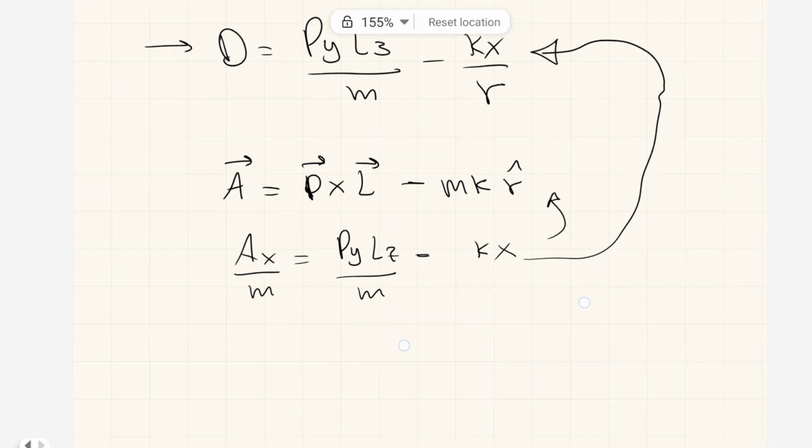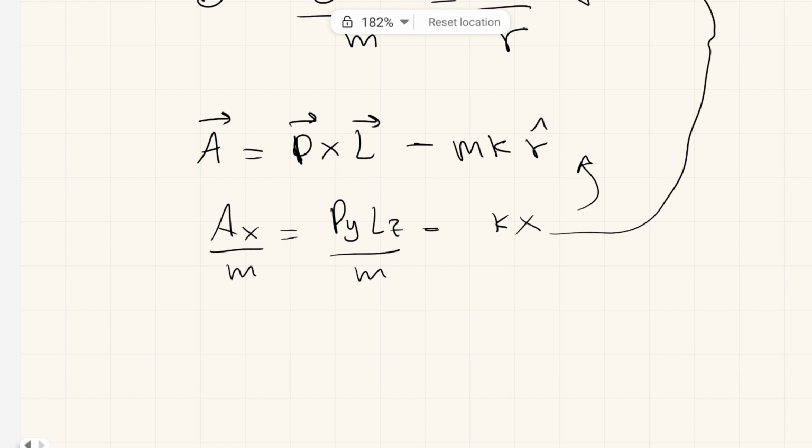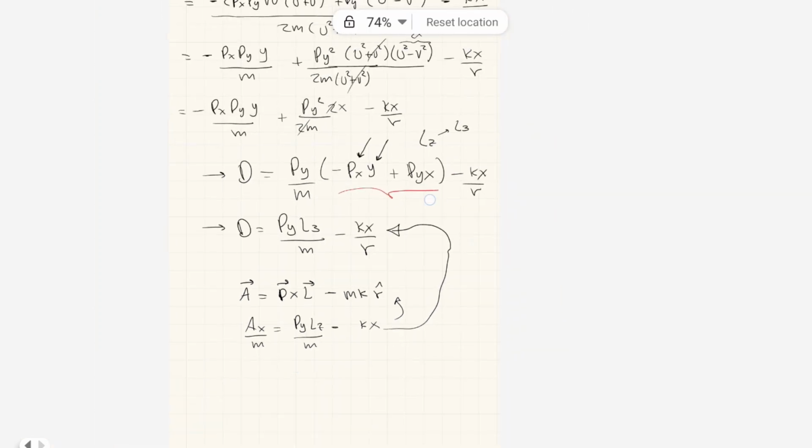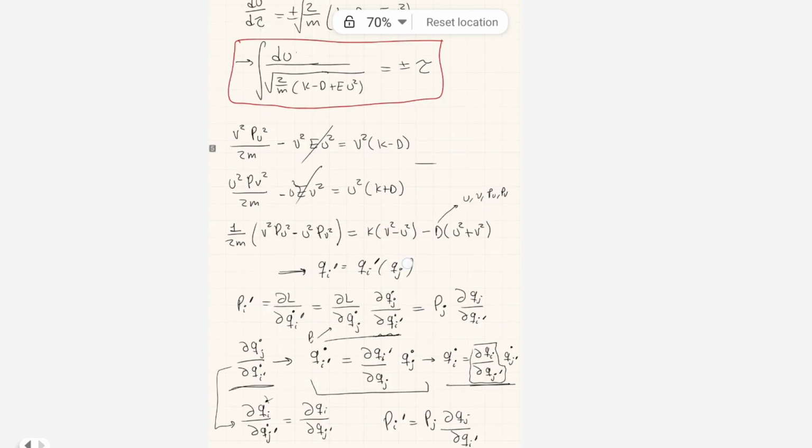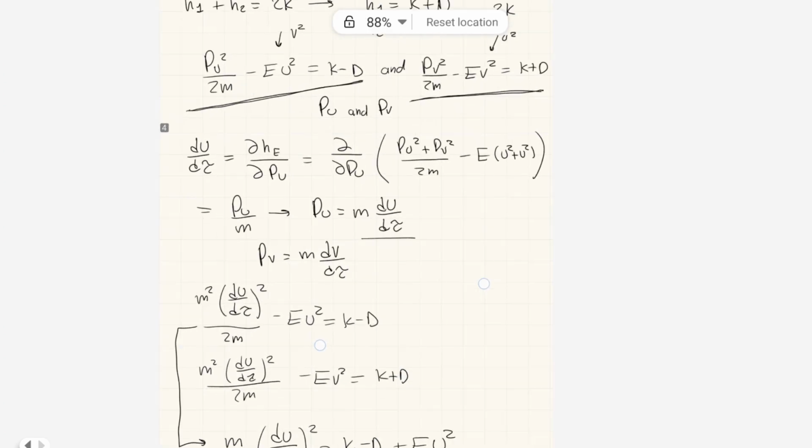So in other words, this is telling us that this component of the Laplace-Runge-Lenz vector is a constant of motion. And you may expect that it will happen not only with the x component, but with the y component also. Okay, perfect. So it's been a long lesson for today. I think this is a good moment to finish the lesson.